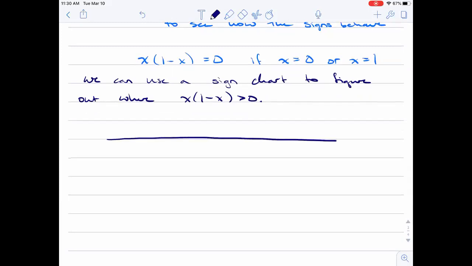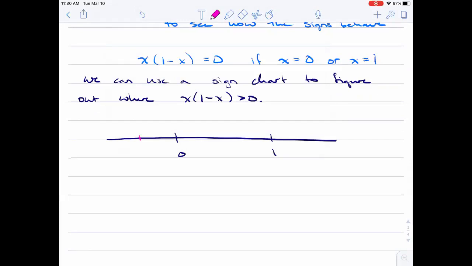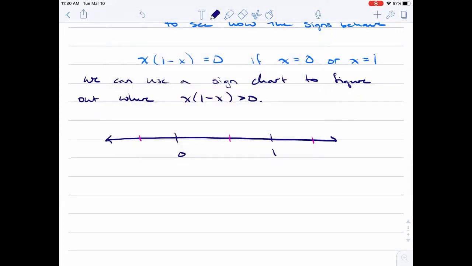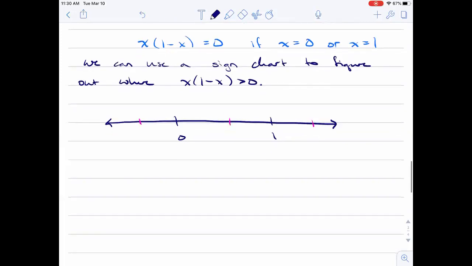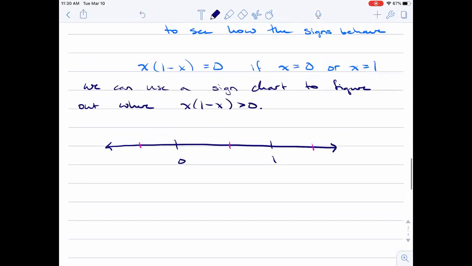So if we've got transition points at 0 and 1, what I'm going to do is pick some test points in each of these sections. Whether you want to think of it as just the signs of these values, sometimes that's easier.